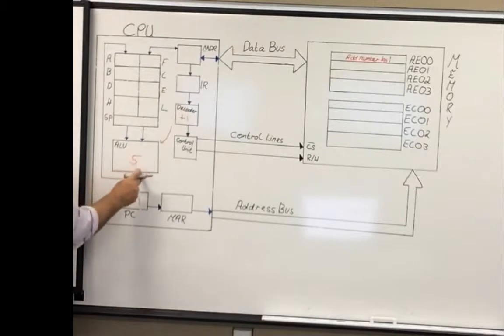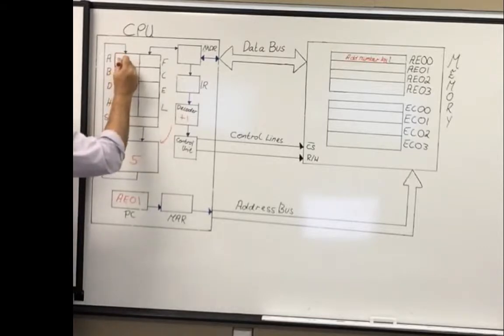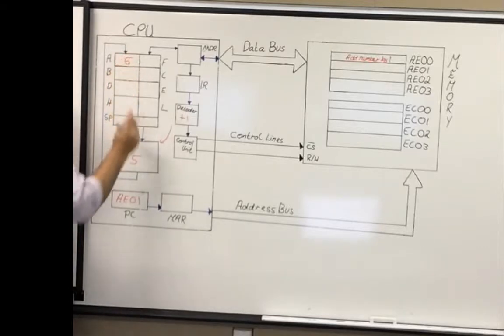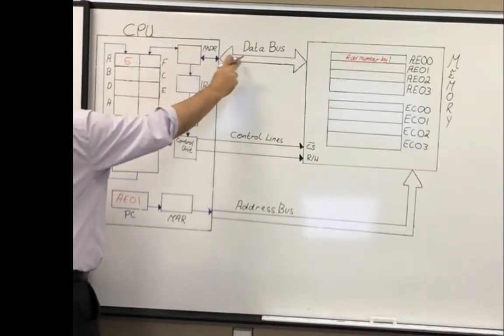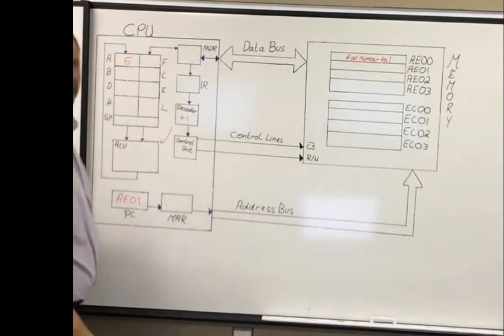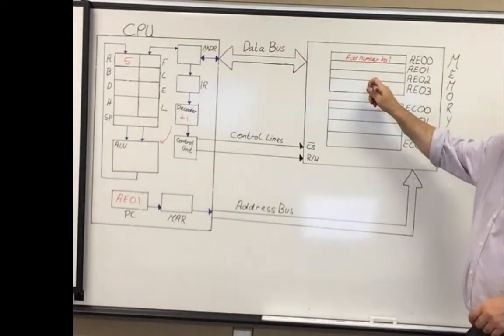It is sent via an internal bus, either back into a register, or it is sent from the memory data register back along the data bus and would be stored in a memory address set.